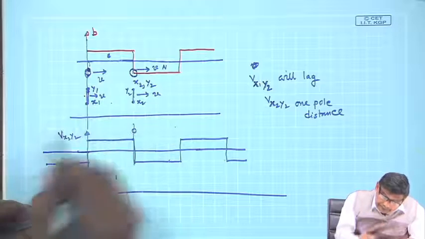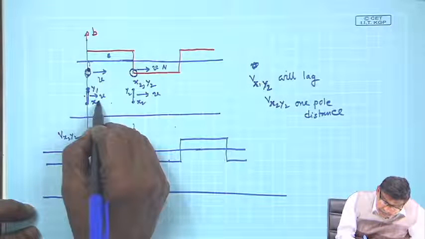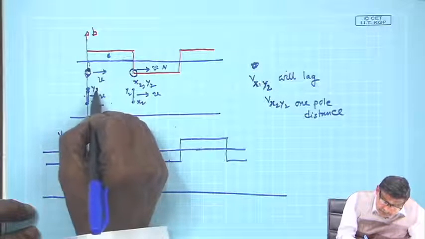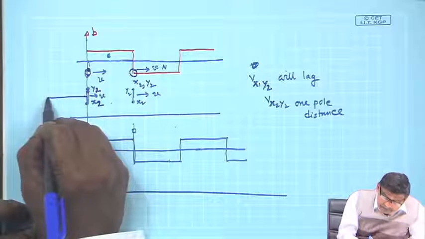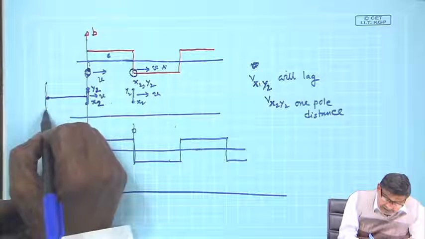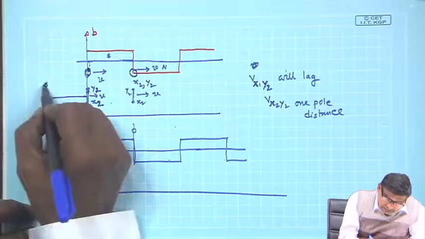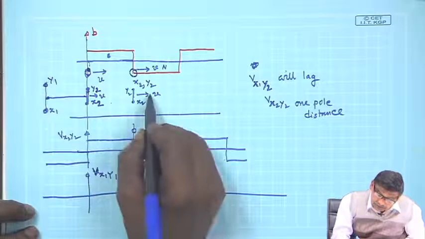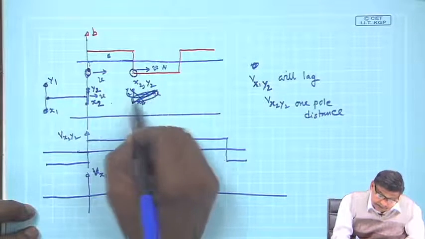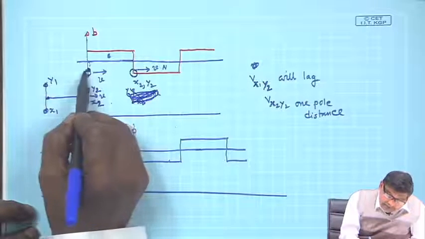Let me call this V x2 y2 and this x1 y1. In whichever way you like, no problem. Suppose I cut it like this and here it is like this.